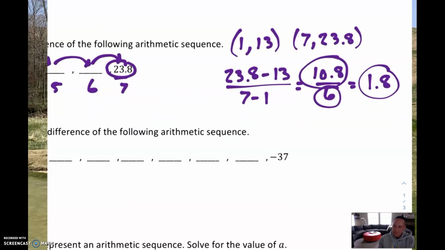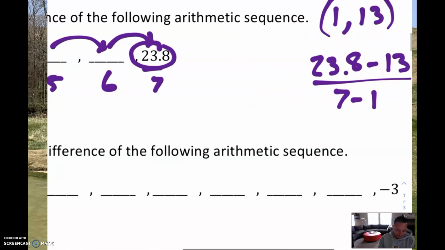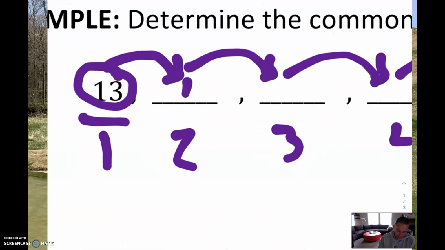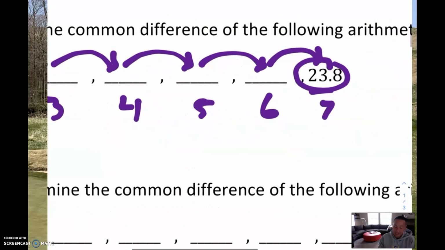So if it jumped up by 10.8, but it took 6 different jumps to do that, each jump is worth 1.8. If you wanted to, you could double check your work. You could add 1.8 here and you'd get 14.8, and you could keep adding 1.8 until eventually at the end it would work out to 23.8.